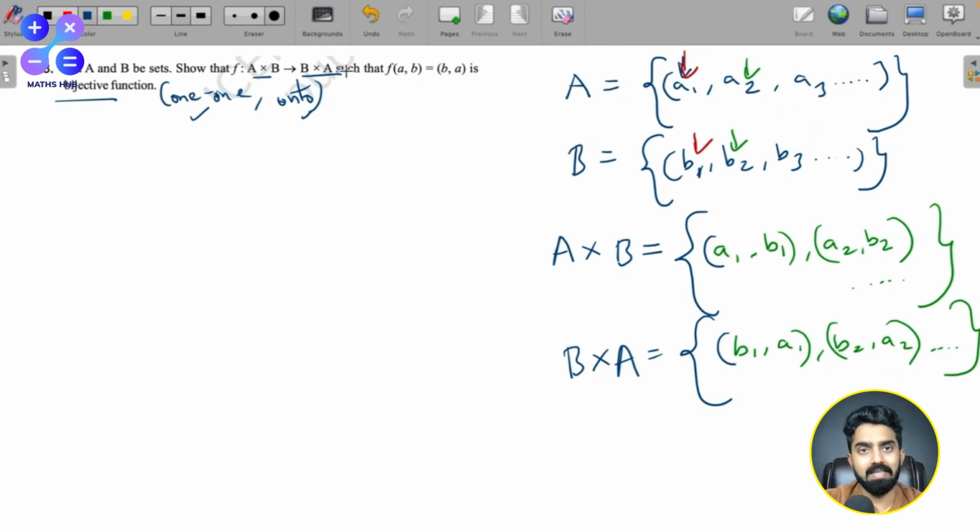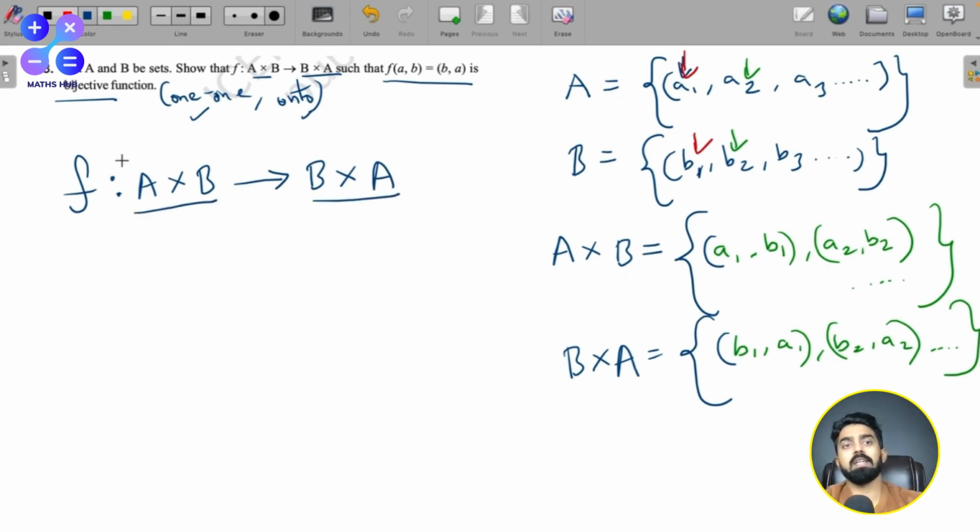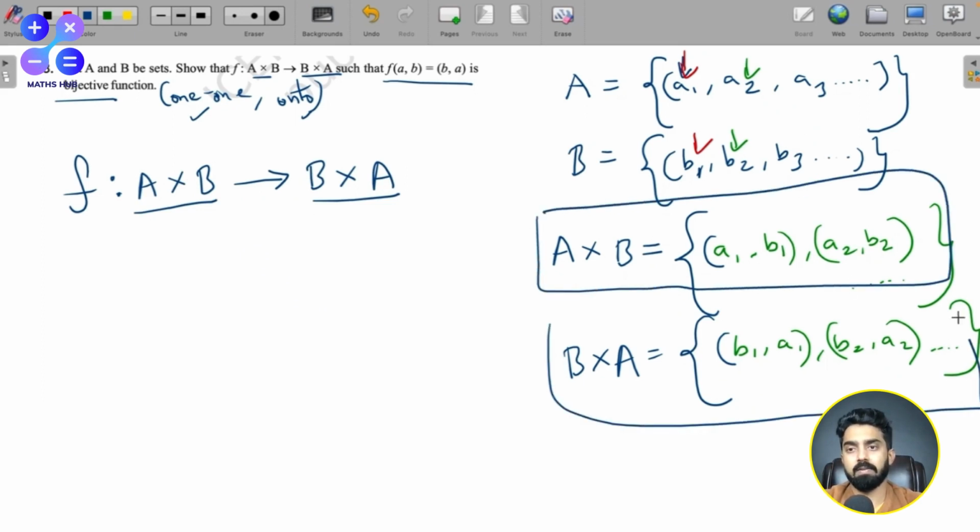So we need to show that this function, which is defined on the set, so the domain of this is A cross B, right? And the codomain is B cross A. So this is the domain, and this is the codomain. This is defined from this to this, right? That is the important thing we need to keep in mind.